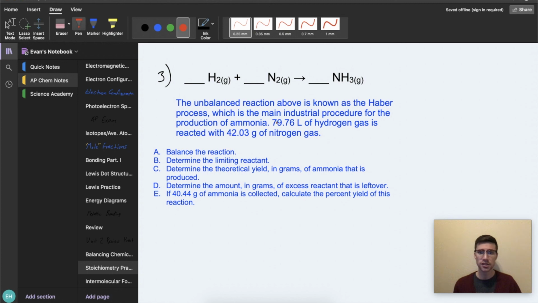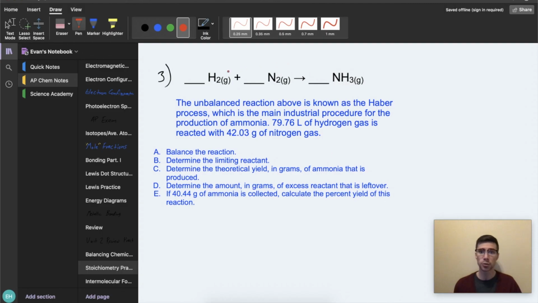What it tells us is 79.76 liters of hydrogen gas, which is our first reactant here, is reacted with 42.03 grams of nitrogen gas, which is our second reactant here. So we have to balance the reaction, determine the limiting reactant, determine the theoretical yield in grams of ammonia that is produced. So how much ammonia do we think we're actually going to produce? And determine the amount in grams of excess reactant left over.